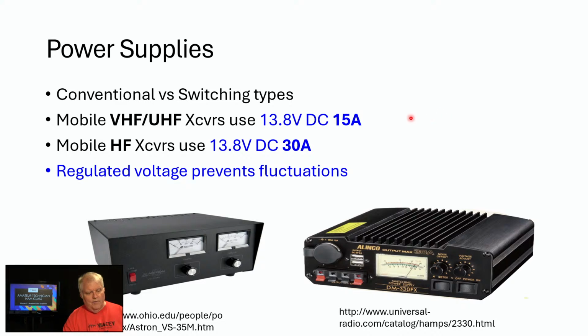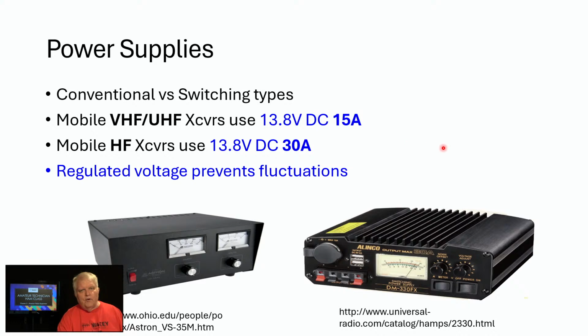And if you're going to be operating a VHF or UHF radio, originally designed maybe for the car, but you're going to bring it into the house, you want a power supply that can supply at least 15 amps. Now, if you're going to go on HF, those are 100-watt radios. Well, there you're probably going to need a power supply that'll supply 30 amps.